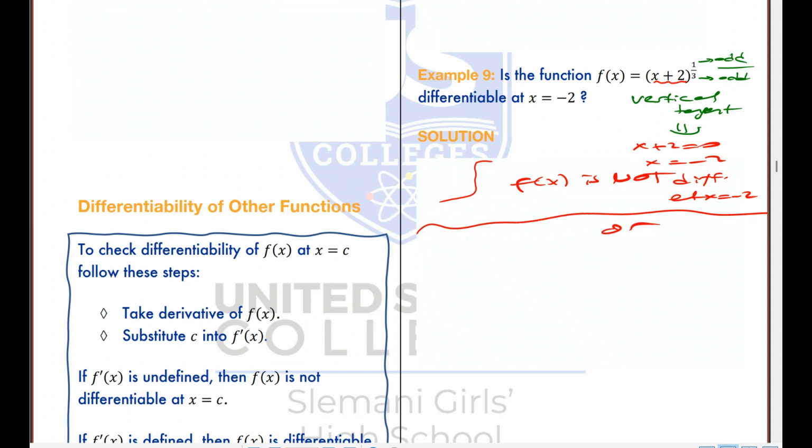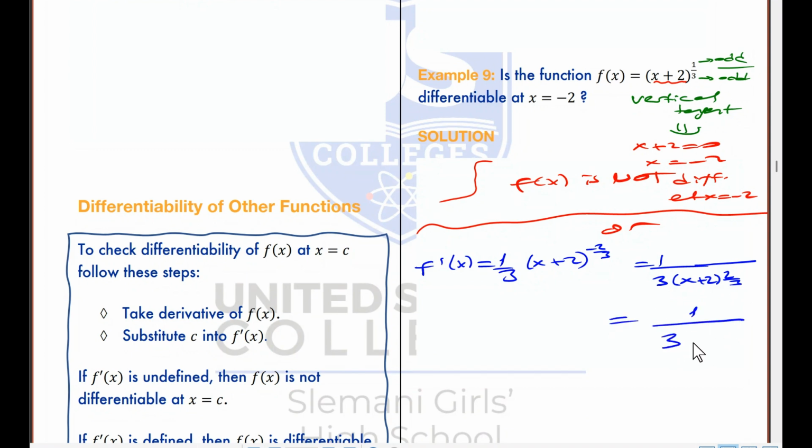Or, a second way, you may not think of this, you just take the derivative, it's easy to take. F prime of x equals, applying the power rule, 1 over 3 in front, x plus 2 to the power of 1 over 3 minus 1, which is minus 2 over 3. Let's get rid of that negative exponent by moving the variable down into the denominator. Now it is 1 over 3 times the cube root of x plus 2 squared.